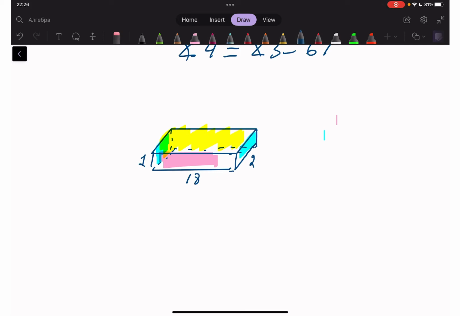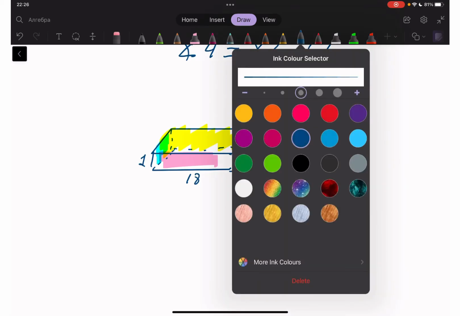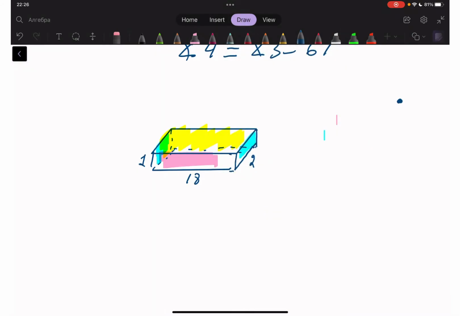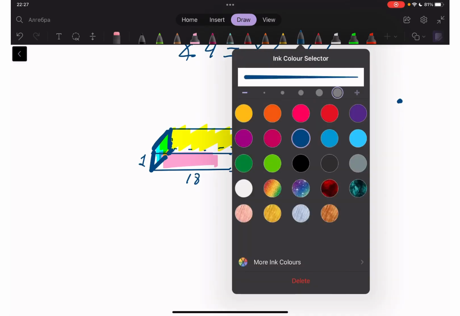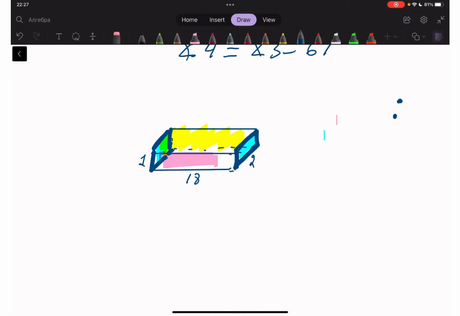So for the blue one, this piece, let me make it thick so you can see. This and this, right? So what do we have here?